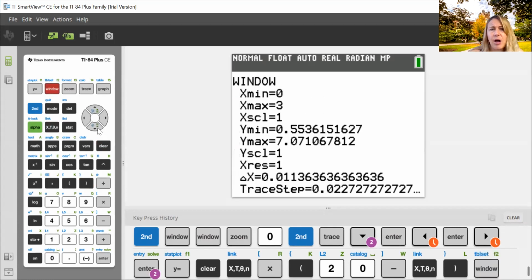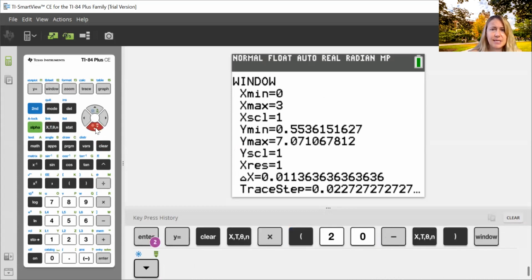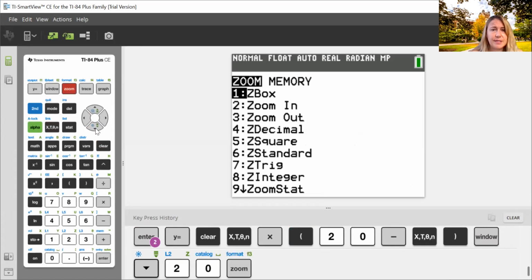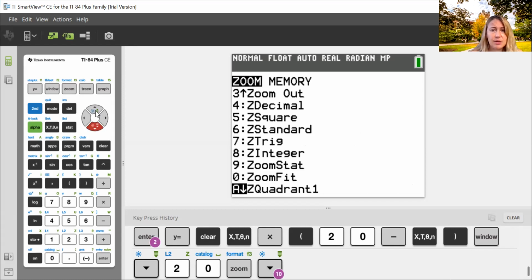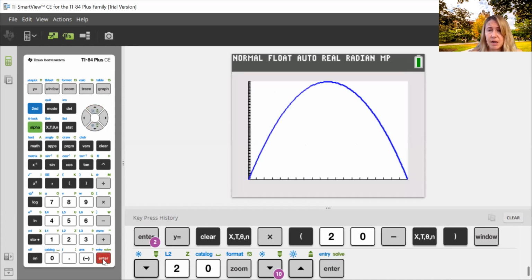As I mentioned, I often will start in the standard window, but this time I have established that I need to have a range from 0 to 20. And then I use this beautiful feature, which is Zoom Fit. It will automatically adjust the Y to fit and show the critical features of the graph on the domain of 0 to 20. All right, and there's my graph.